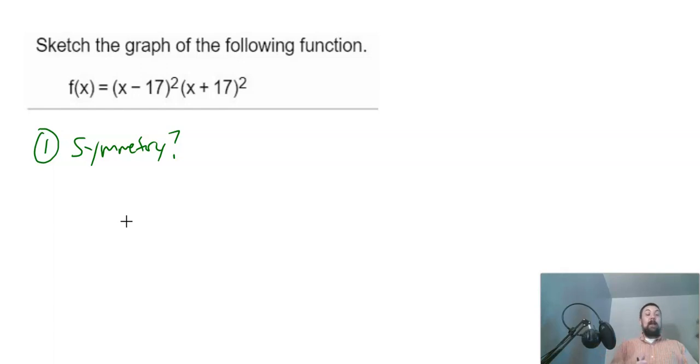So there's not really a great number to pick here. I was thinking maybe like 18, because 18 minus 17, that's nice. It's 1. That makes the number small for this one. But then when you plug in 18 here, you get a really big number like 35, and squaring that's going to be big. So I think I'm just going to stick with picking 1, right? It's your choice though. Just don't pick 0.